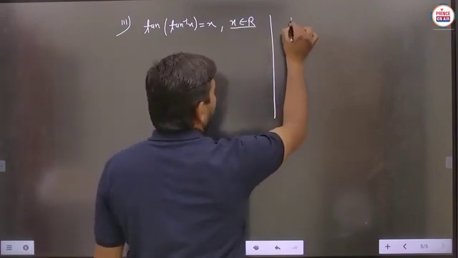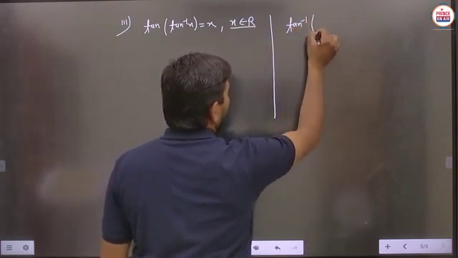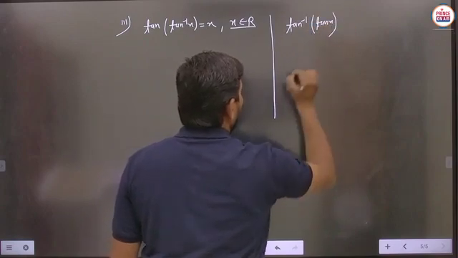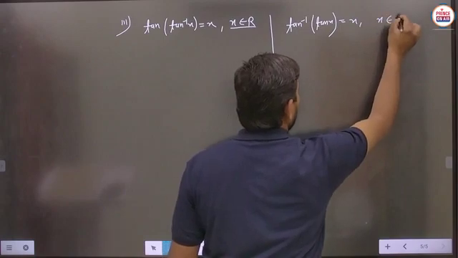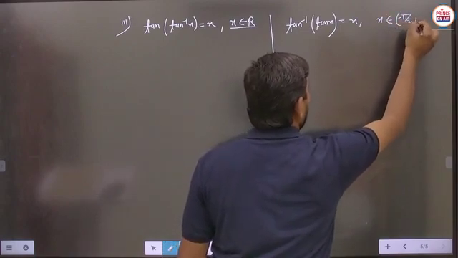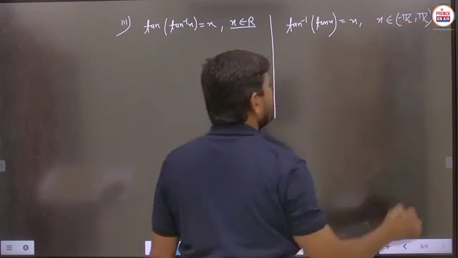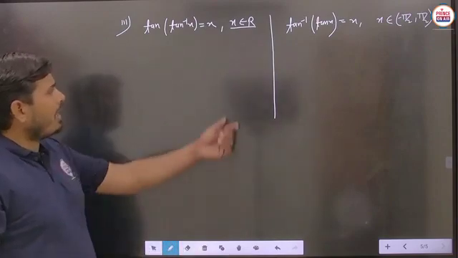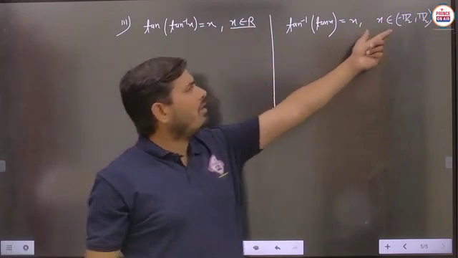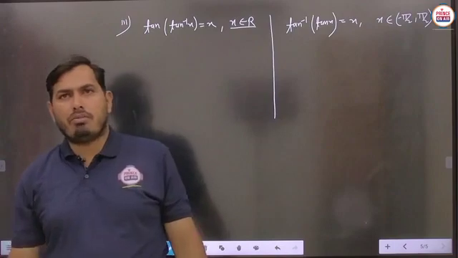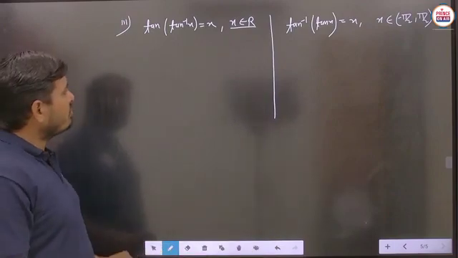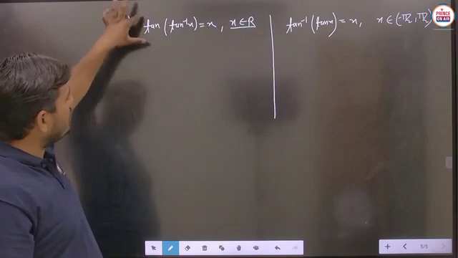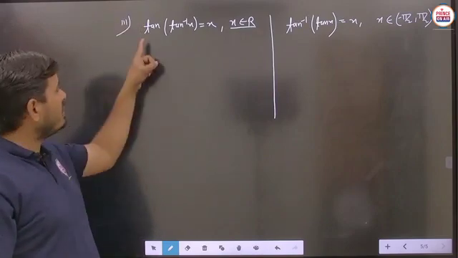Similarly, tan inverse of tan x will be x if x belongs to the open interval minus pi by 2 to plus pi by 2. Now you can see the region behind x belongs to R, or x from minus pi by 2 to plus pi by 2. So definitely, students, you can check the outside function always. The outside function is the tan function.